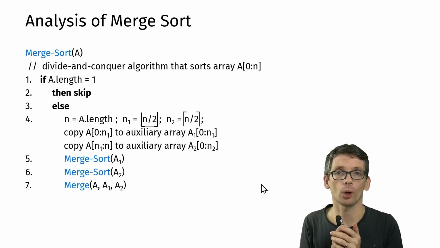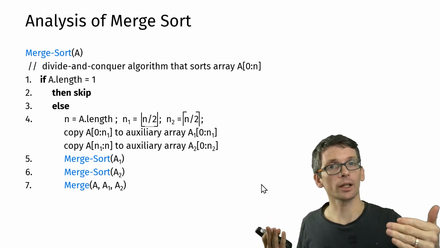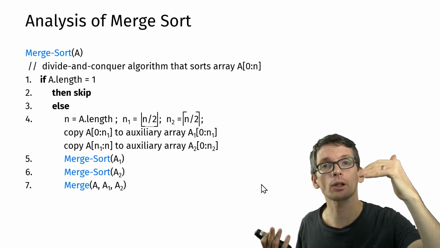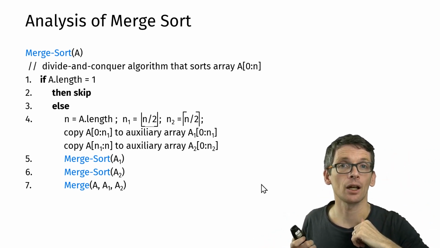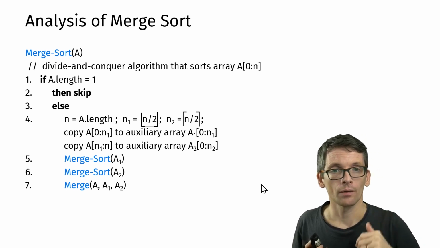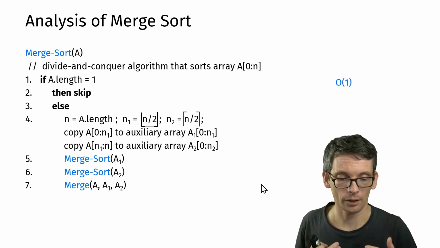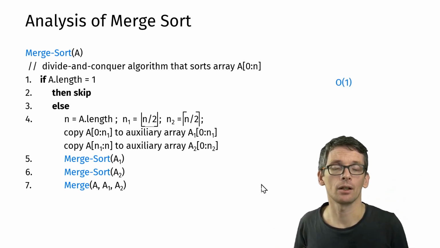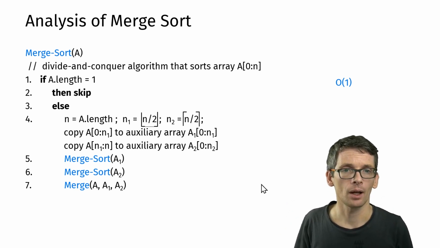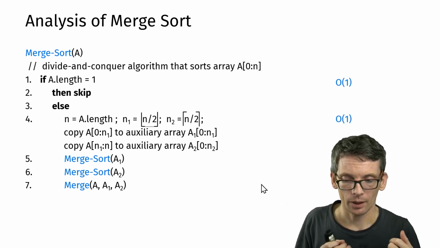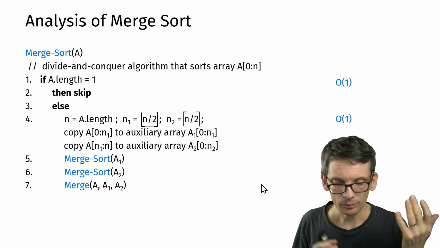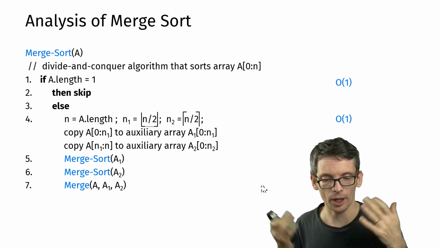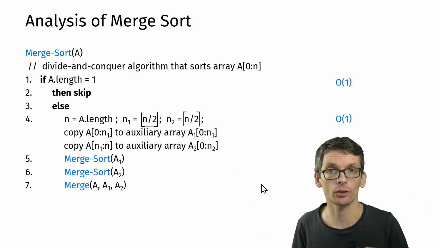So here we have merge sort, and what we can do is simply go through merge sort line by line and see how long that takes. The first part takes constant time, so in the base case we spend constant time. Otherwise, in the else case, we first set n, n1 and n2 to some value, so that is just constant.